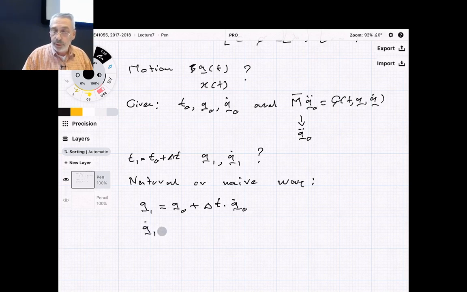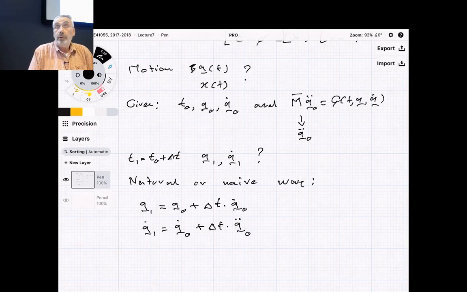So we say the new speed is the old speed plus a time step times the acceleration. And if you just continue this, then you have a new position and you do the whole shebang, you fill everything in the differential equation, you get an acceleration and you crank on the machine, and then you subsequently, in a discrete way, find the positions and the speed as a function of time.